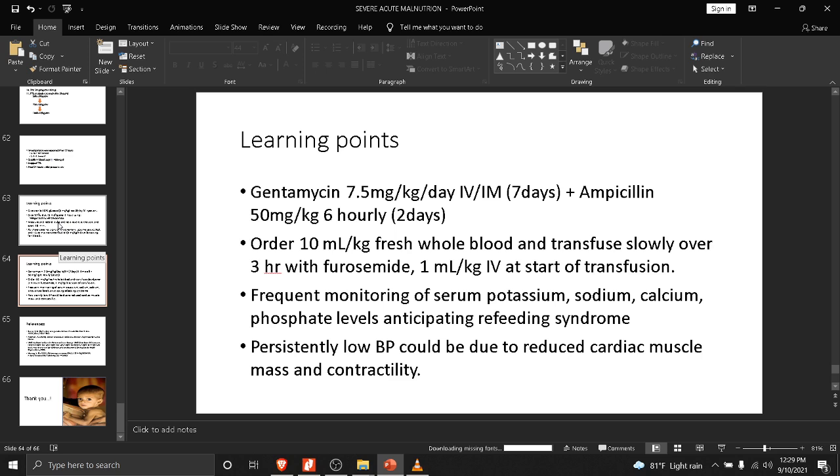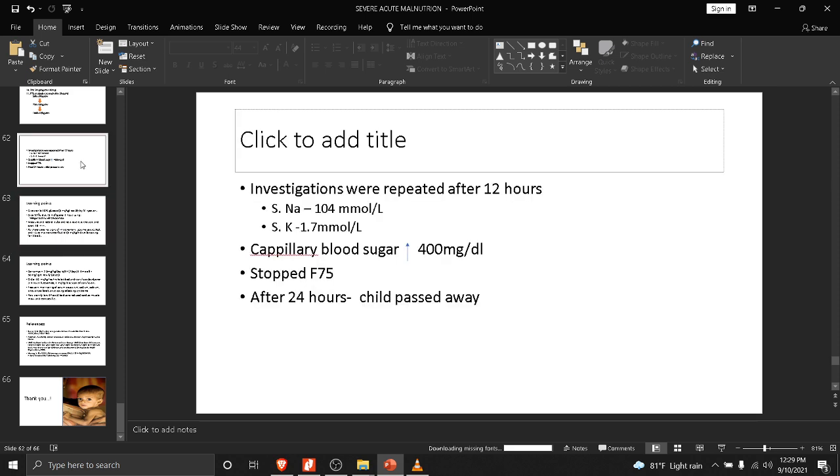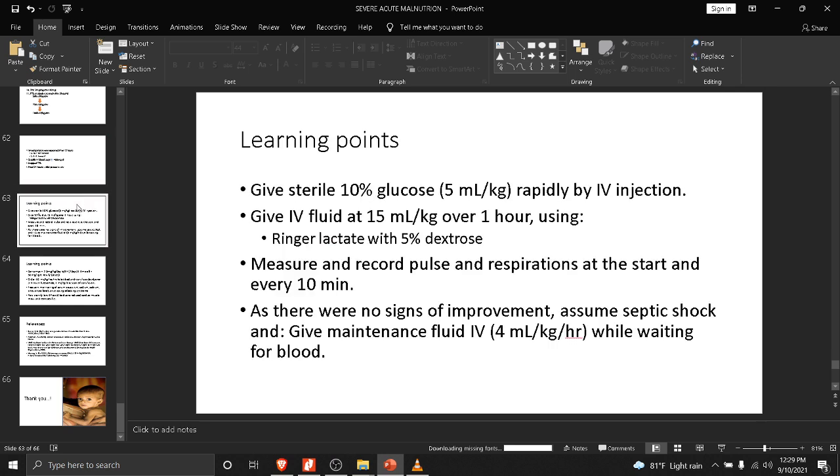If improving, we can give another bolus and start maintenance IV, and the next day morning after you start.